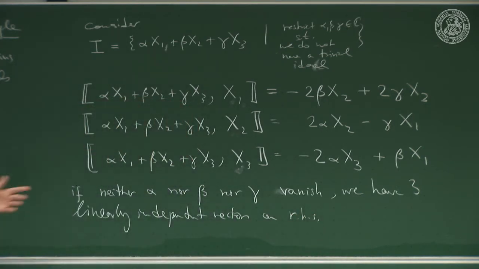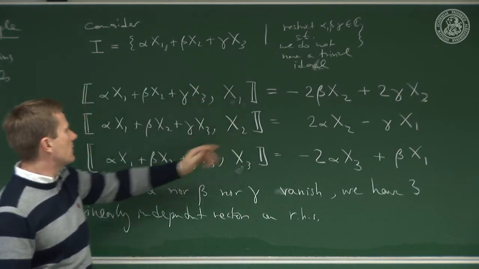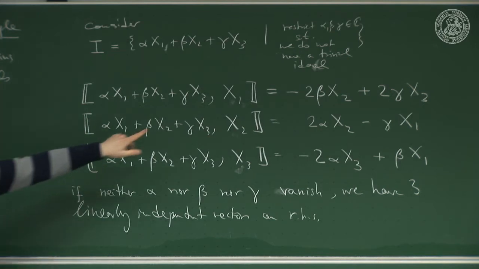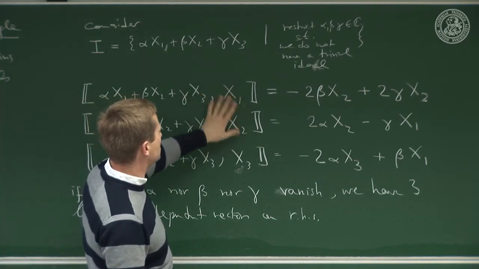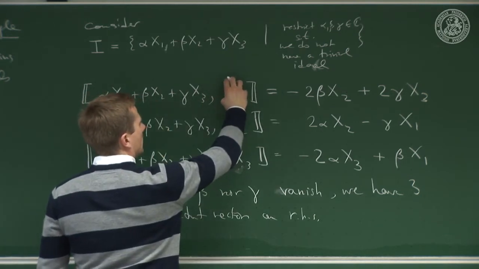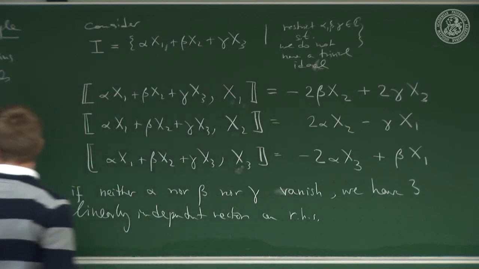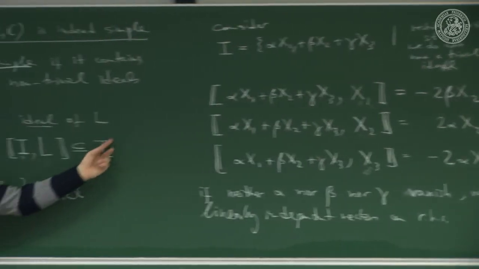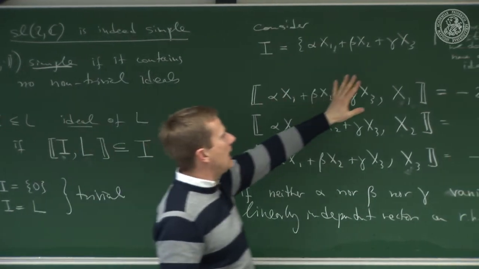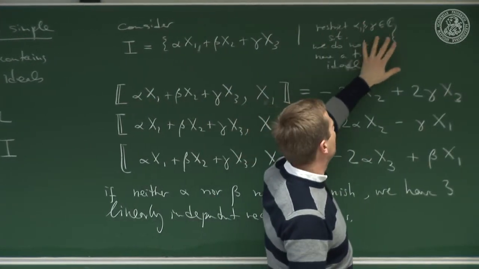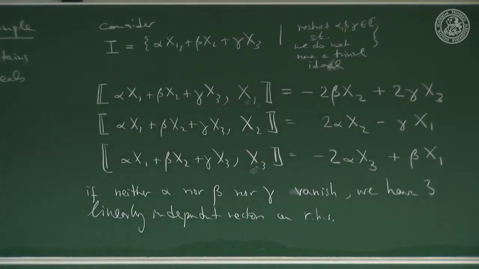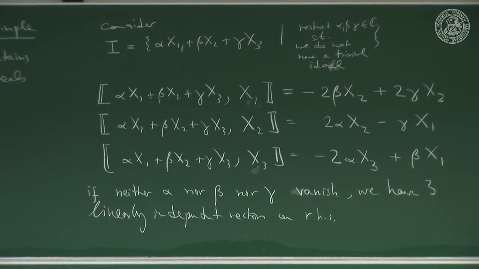Well, 3 linearly independent vectors, of course, produce, if I chose different factors here and put into the third and the second entry an arbitrary linear combination, so an arbitrary element of L, I would recover the entire L. So that means if I have restrictions here, whatever the restriction is, if not alpha, beta, gamma are 0, I recover all of the Lie algebra.